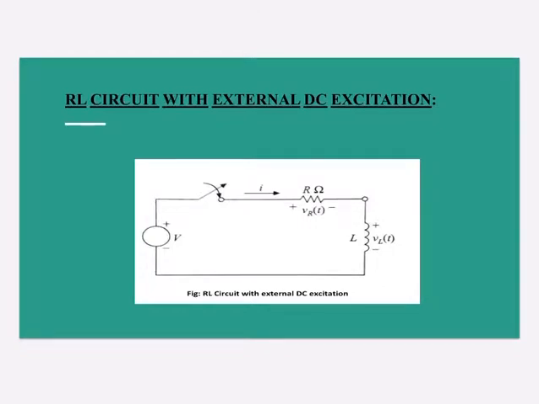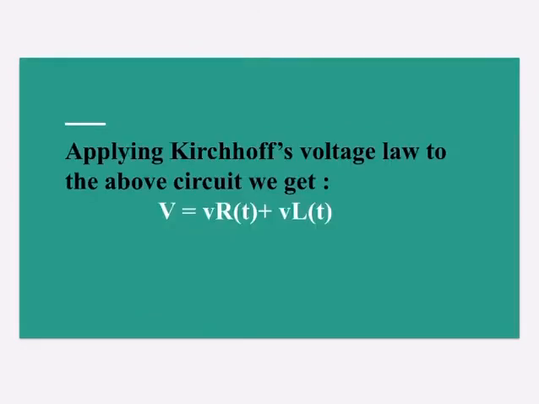Okay, so now we have to apply Kirchhoff's voltage law for the circuit. When we apply Kirchhoff's voltage law, we have the equation as V is equal to VR of t plus VL of t. The current equation will be i of t is equal to 0 for t less than 0.